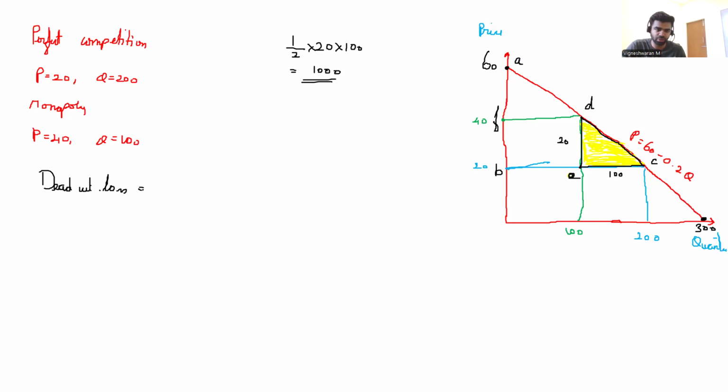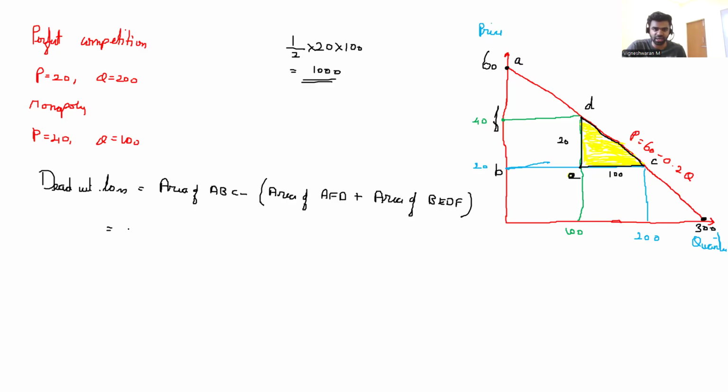Deadweight loss is equal to area of ABC minus area of AFD plus area of BEDF. So what is the area of ABC?